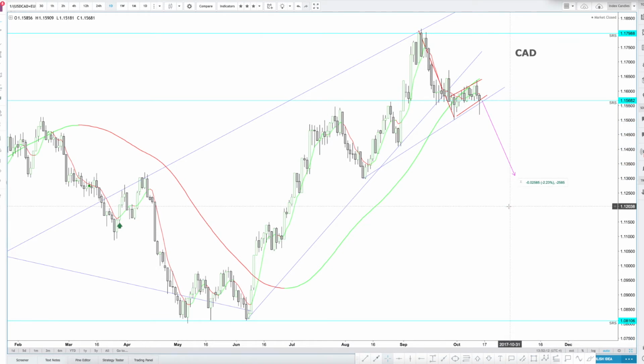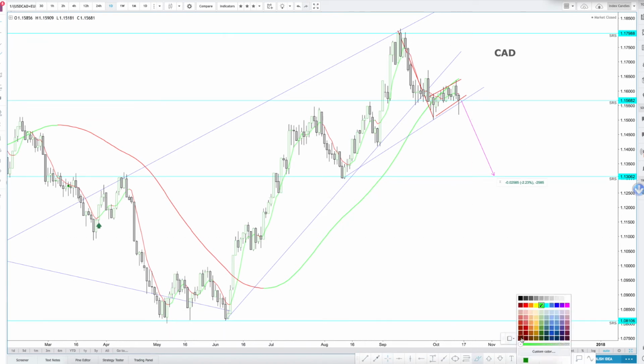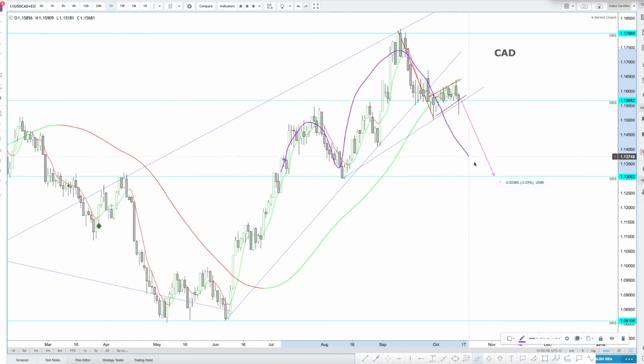right? Because also this would make sense if we have this SRS level right here. We can make an argument that this is a neckline for a potential head and shoulders thing going on like this, right?